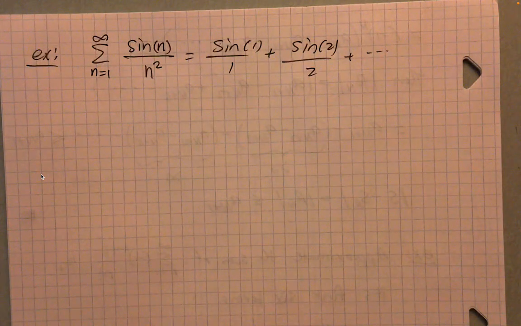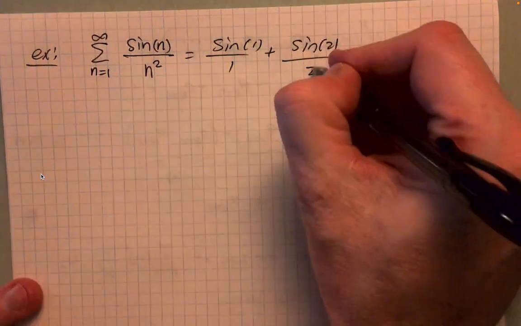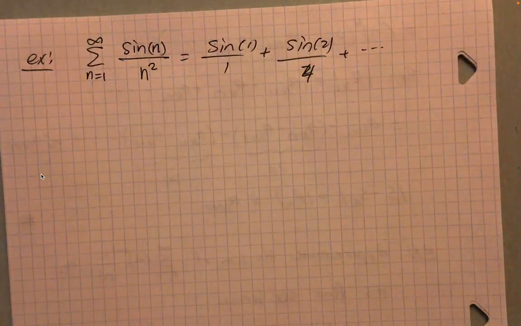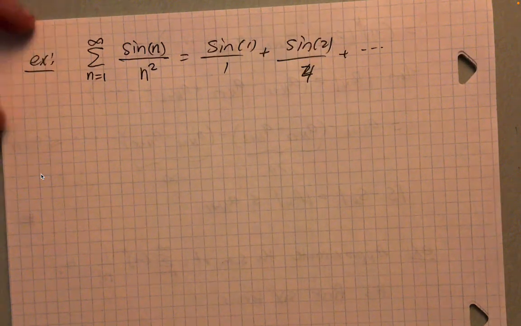And so we know that some of these terms will be positive, some of these terms, this should be over 4, some of these terms will be negative. It's going to have both positive and negative terms, but it's not an alternating series. It's positive and negative because the sine function will vary. And it's not strictly speaking an alternating series.